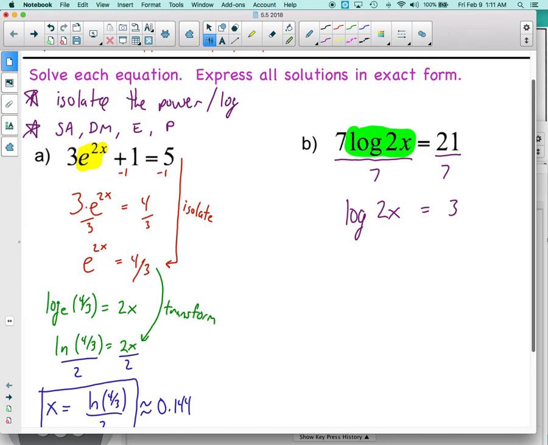Now make sure you're thinking about a couple things correctly: this 2x is what's in the log, that's the whole argument right there. And the other thing is, what's the base of our log? Remember when we just write log, it's base 10. So there's our isolation step, and our log is now isolated.